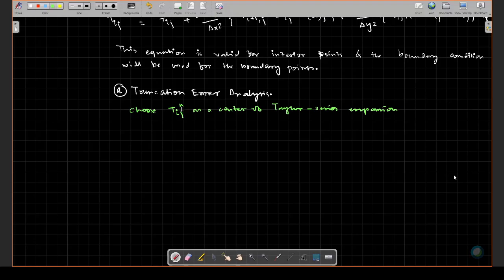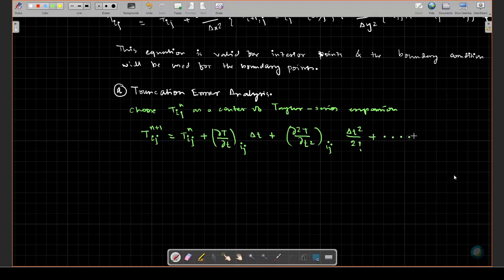Okay. So once you consider this as the center of this Taylor series expansion, for n plus 1, how can I write? T_ij at n plus 1 around T_ij^n can be written like this: T_ij plus the derivative with respect to time, again at ij, times delta t, plus del 2 T by del t 2, again at ij, times delta t square by 2 factorial, and likewise you can keep on adding the terms.